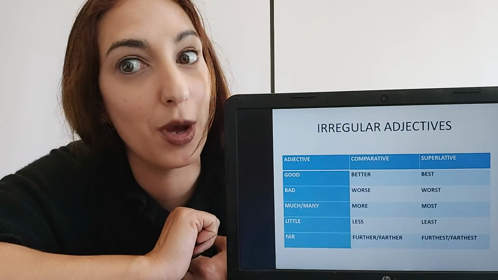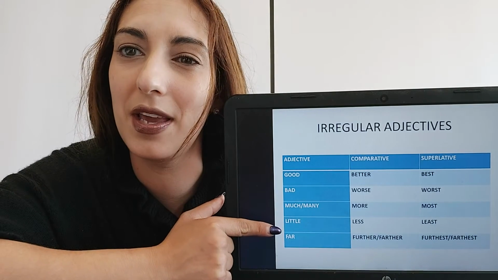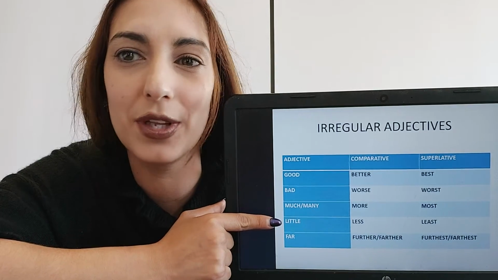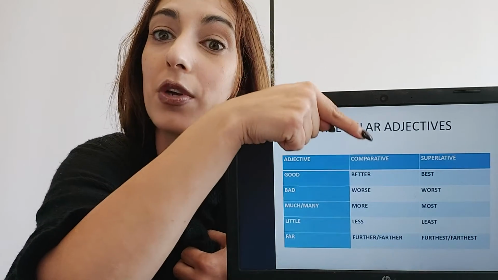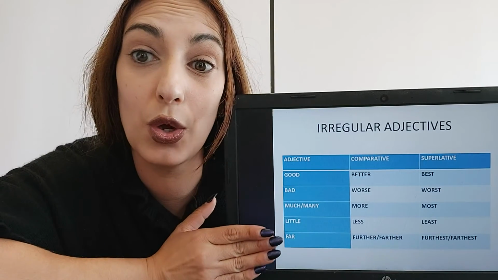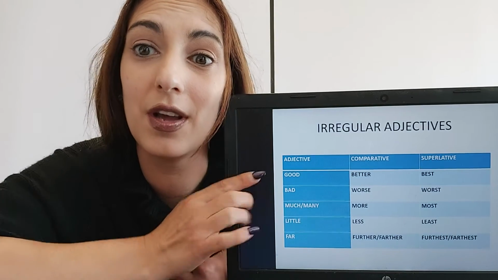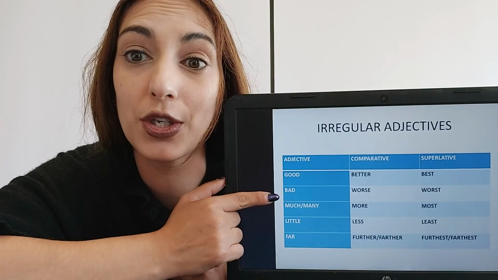Now, of course, English would not be English without a few exceptions. So these words that you can see here don't have a normal ER ending or EST ending. They have their own comparative and their own superlative form. So have a close look at these words. For example, good, better, best. Bad, worse, worst.